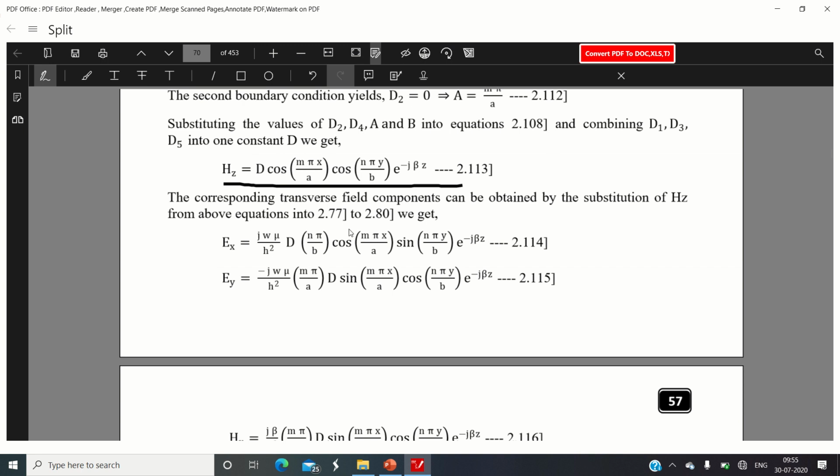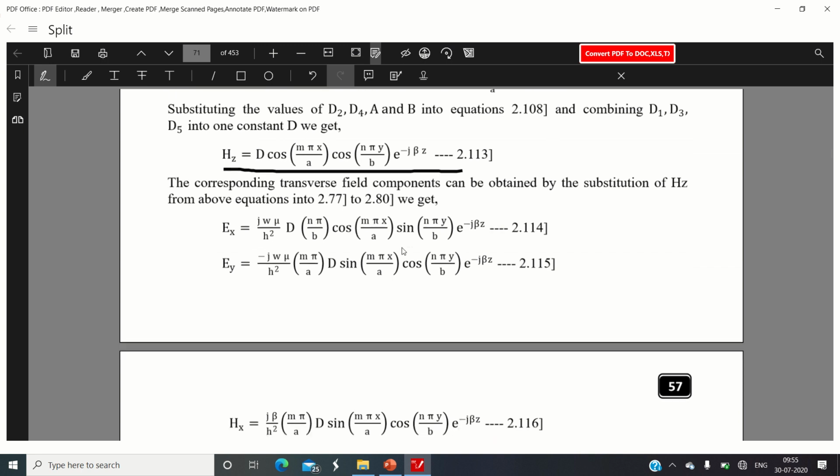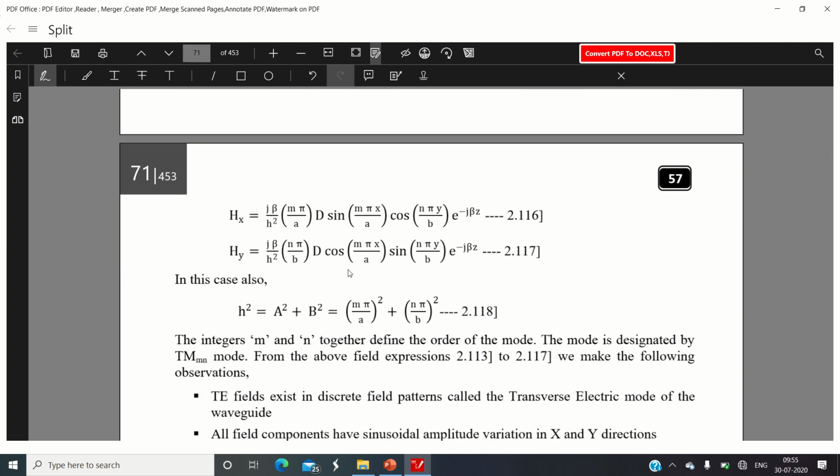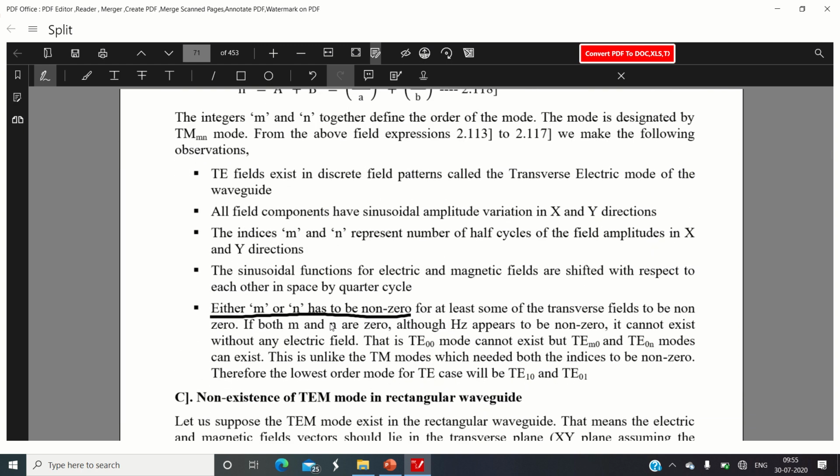Now similarly here, if I put m equal to 0, again the Ex component becomes non-zero. So that means if either m or n is non-zero, then at least some transverse fields are going to exist.